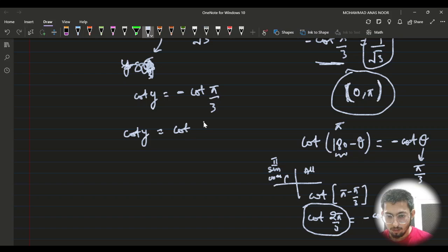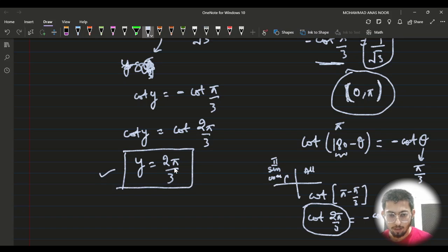Just a minute, you should write it. Not x, that's why y is equal to 2 pi by 3. This is the answer. And you should check it. This should be in the principal range from 0 to pi. It is between this range, right? This is how we do this question.